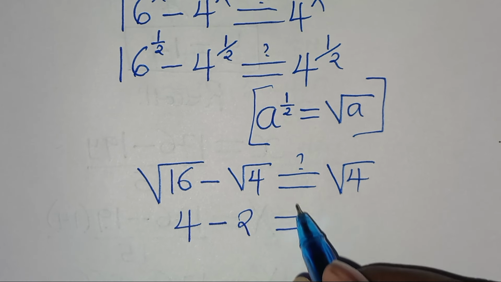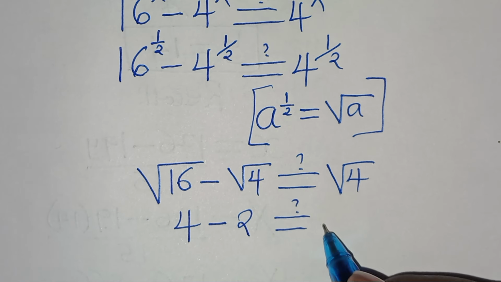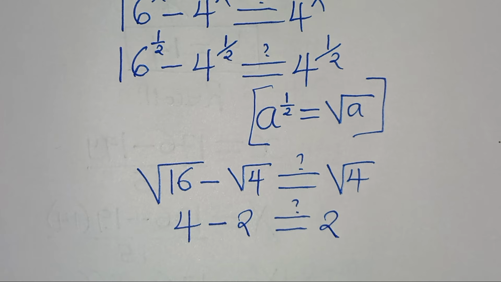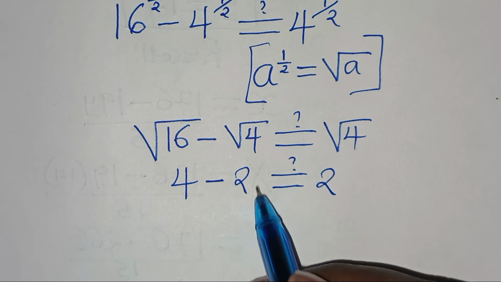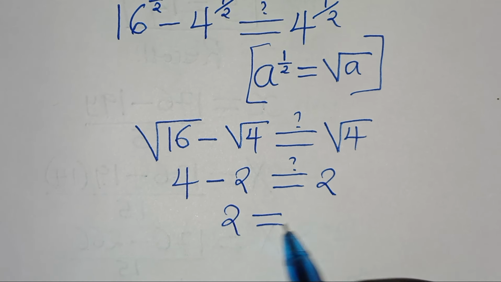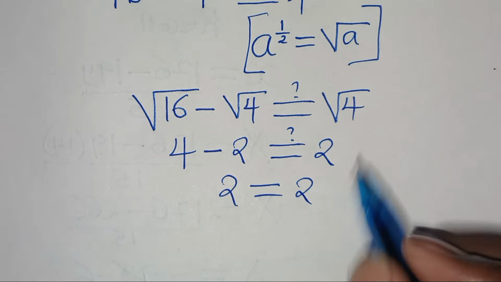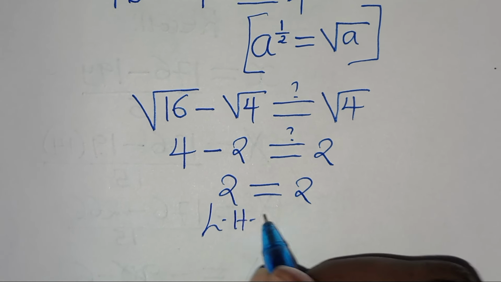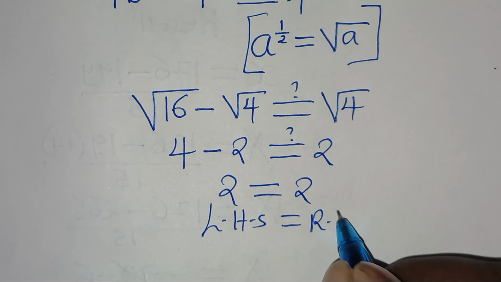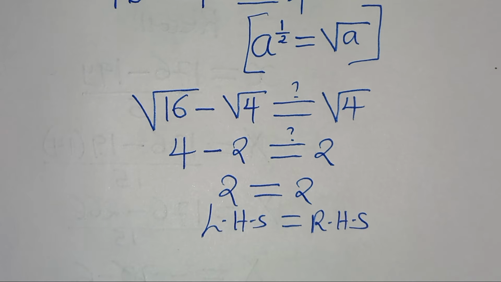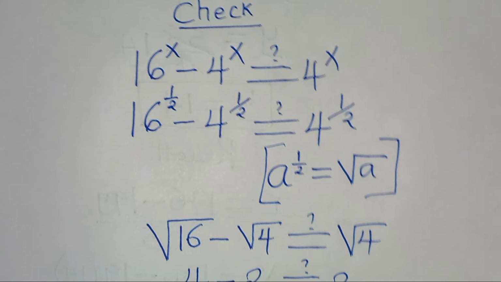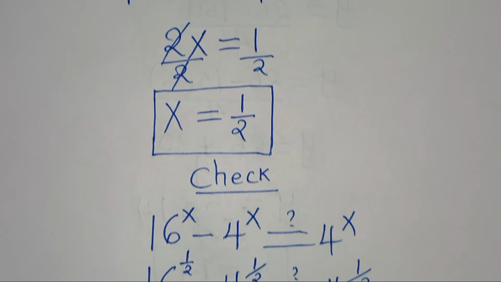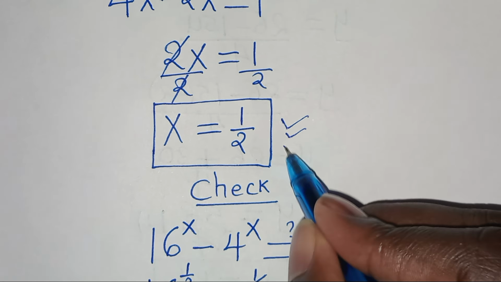This is supposed to give us square root of 4, which is equal to 2. So 4 minus 2 is equal to 2, which is equal to 2. And this implies that the left hand side is equal to the right hand side. And this proves that the value of x, which is equal to half, satisfies the equation.